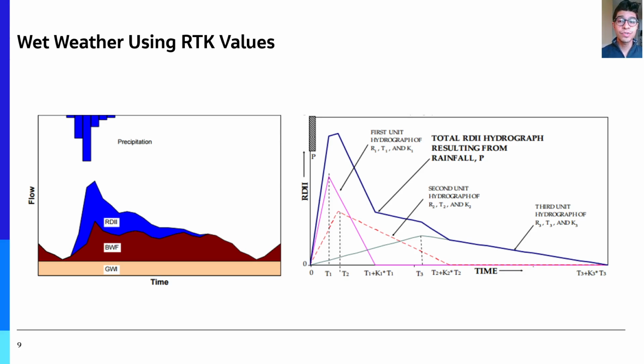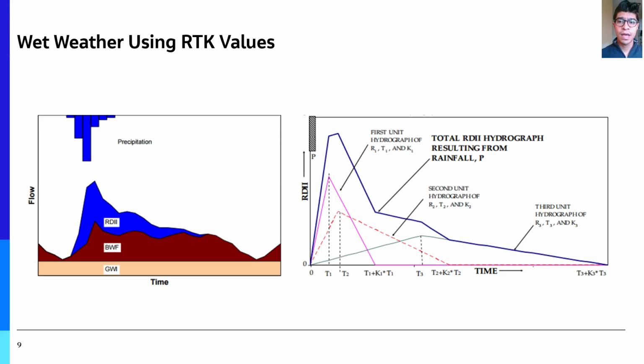We're not supposed to see that ideally and theoretically, because the sanitary collection system, if it's not combined, we shouldn't see any sort of response as a result of precipitation. But in reality, we do see that kind of precipitation response, which is called RDII.